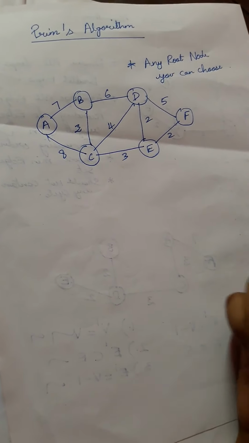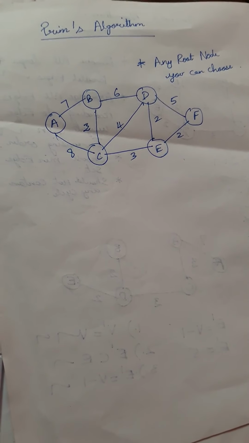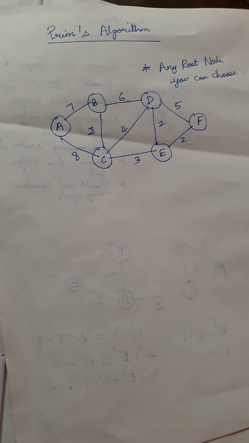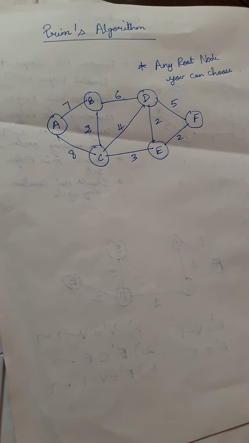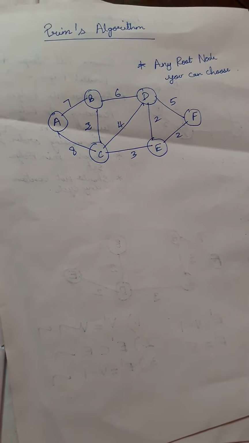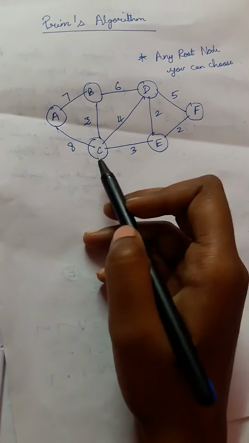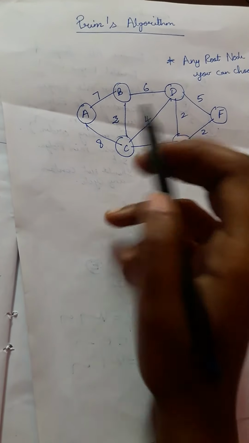As you wish. In the exam, if they give a particular node to start, you have to start from that node. Suppose they did not give any particular node, you yourself can consider any one node as the root node and start the problem. We are going to take A as the root node in our problem.